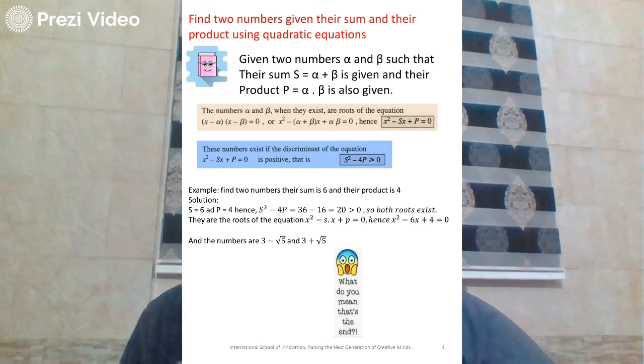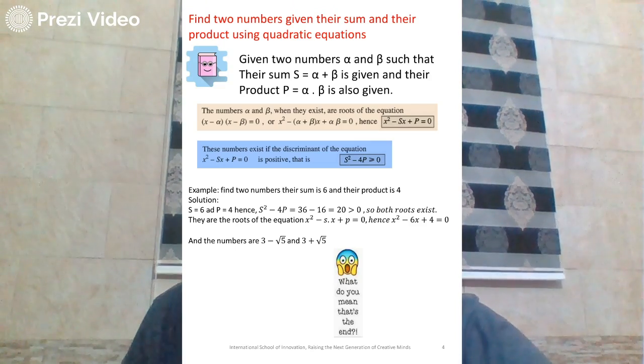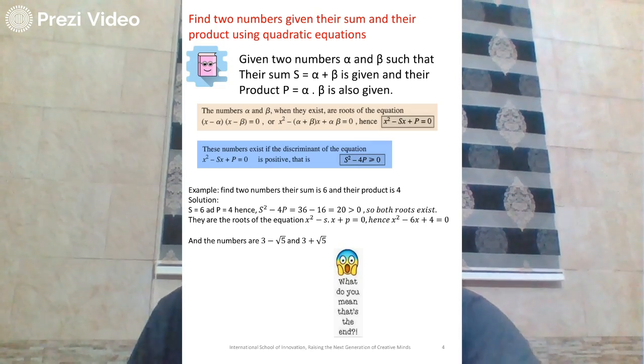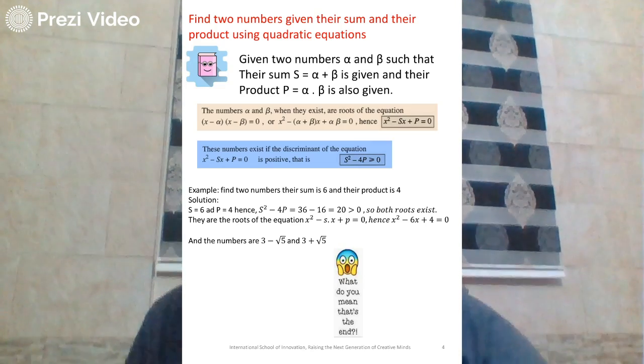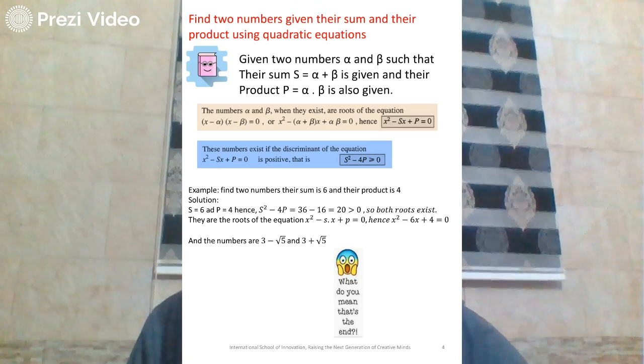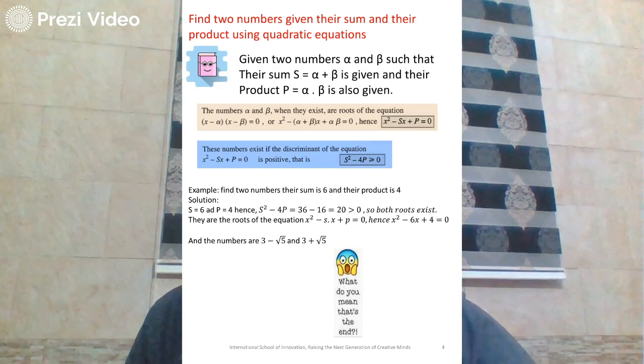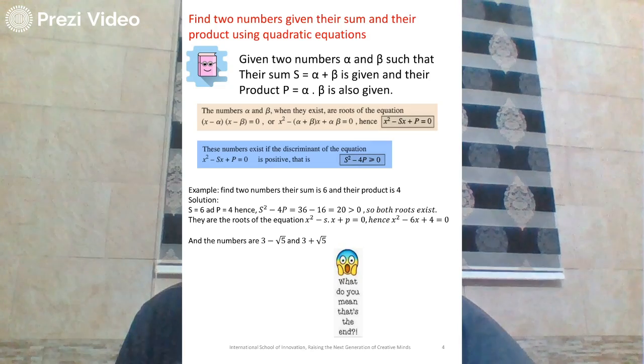And it must be that s square minus 4p is greater than or equal to 0. For example, if it says find two numbers whose sum is 6 and whose product is 4, first, to know if these two numbers exist or not, we compute s square minus 4p. The sum is 6 and the product is 4, so s square is 36 minus 4 times p, which is positive, so the roots exist.